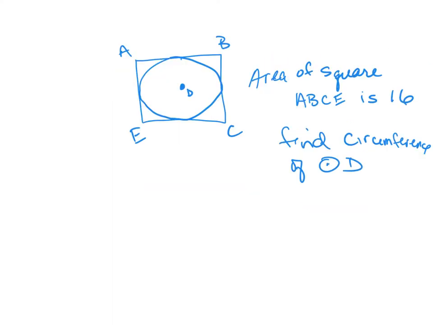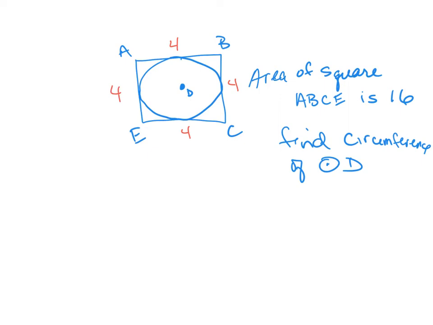What do I know about a square? It has 4 sides. It's also always even, and all the sides are equal. So if all the sides are equal, what is the length of each side of a square with an area of 16? It is 4. Very good. So that is 4, that is 4, that is 4, and that is 4.